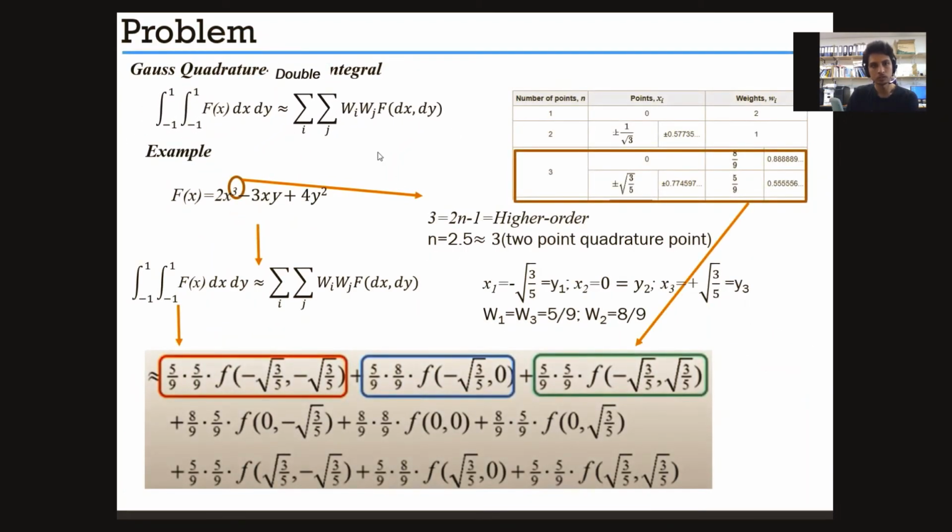Then the n would be 3, so the number of x values will be 3, and then we can get 3 y values. So after combination, we can get 3 into 3, 9 points, right?